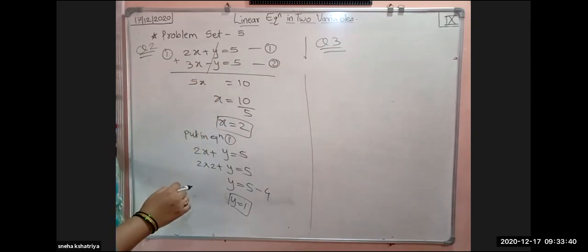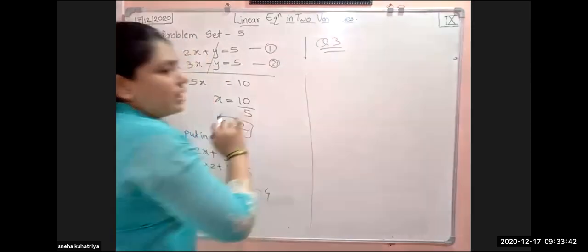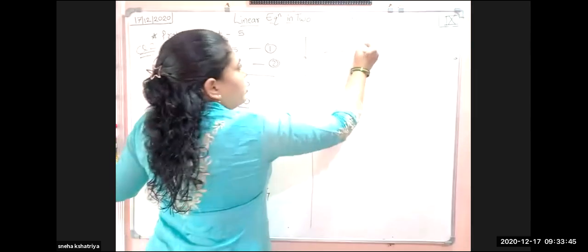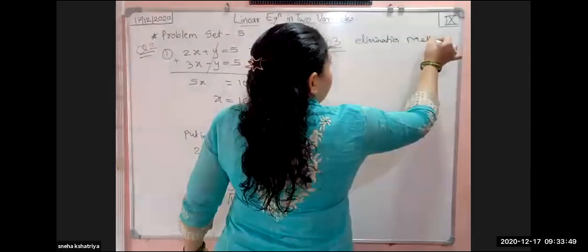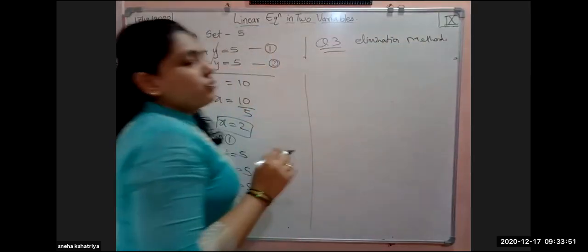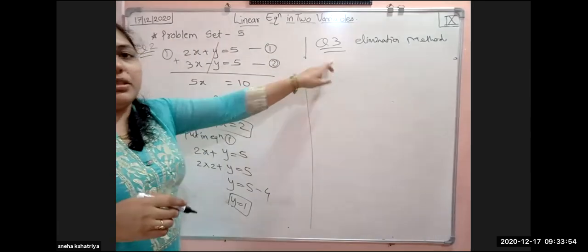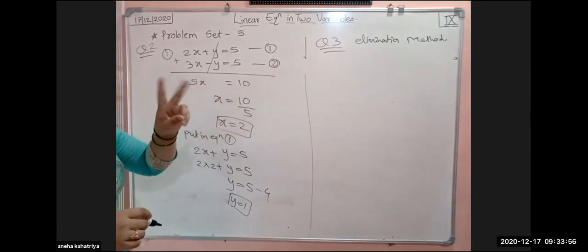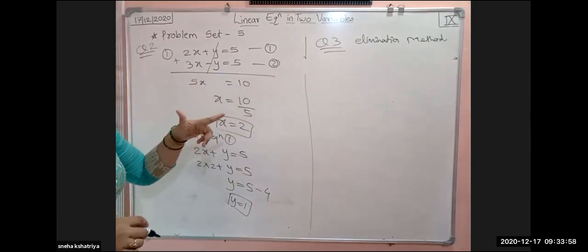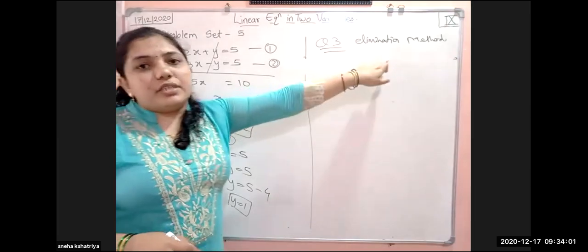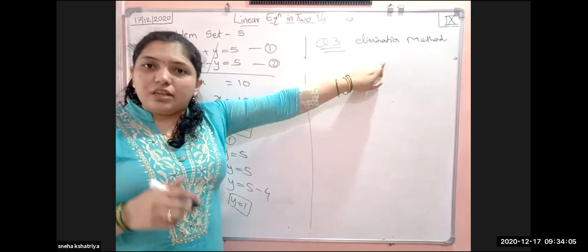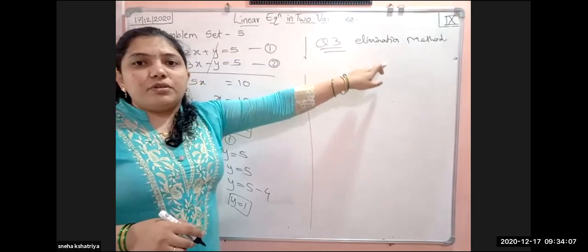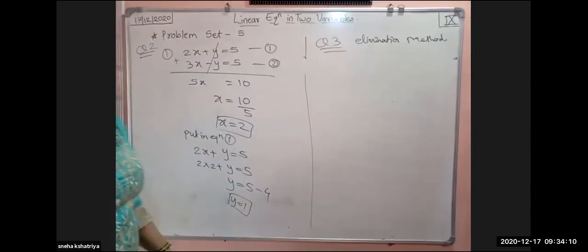In question 2 you can use either elimination or substitution. But in the third question, you have to use the elimination method, because it is specified in the question that you have to equate the coefficients.